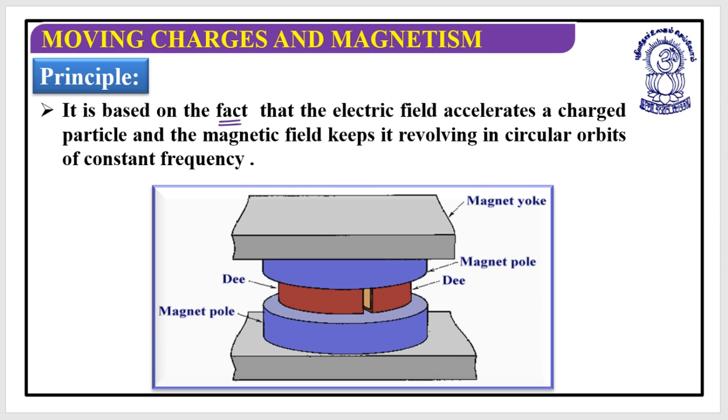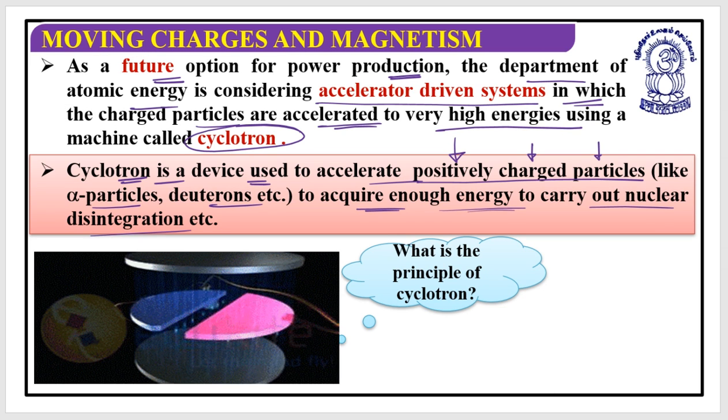It is based on the fact that the electric field accelerates a charged particle and the magnetic field keeps it revolving in circular orbits of constant frequency. So look at this, there are two D's. Can you see this?